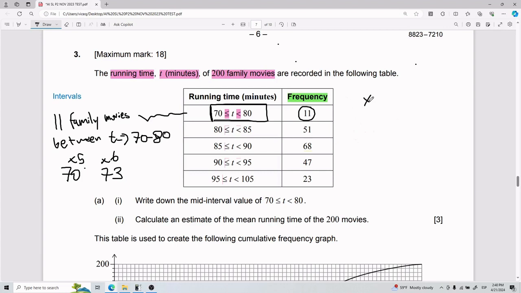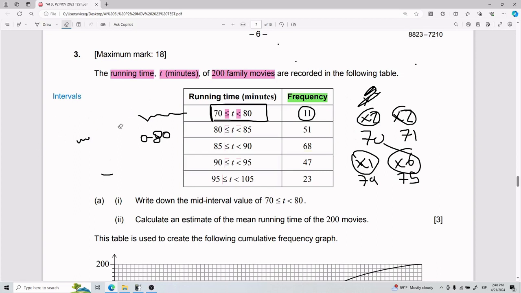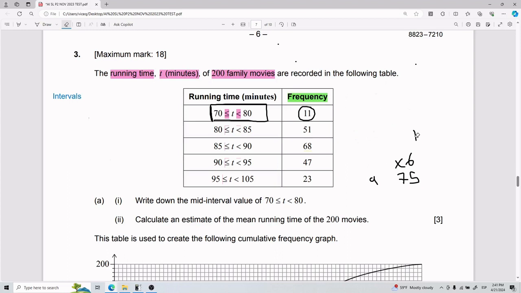Or you can have, I don't know, 2 70s, 2 71s, 1 79, and maybe 6 75s. And so you have no idea how it is spread out within that interval, see? And so this is going to be relevant down the road for estimating means and stuff like that. But we just need to understand that when we have intervals, we have to treat it like so.